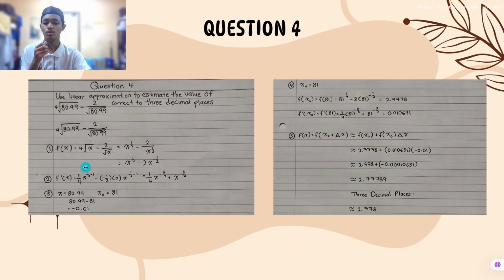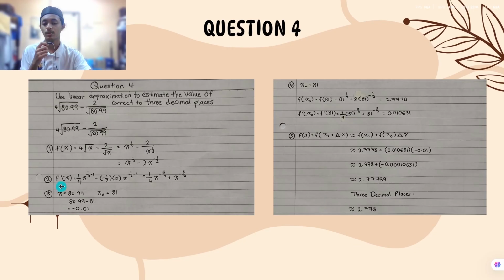Now we know that 80.99 is the x, so we need to replace it with x, and then we need to convert the roots to powers, and then we will have x power 1 over 4 minus 2x power negative 1 over 2.